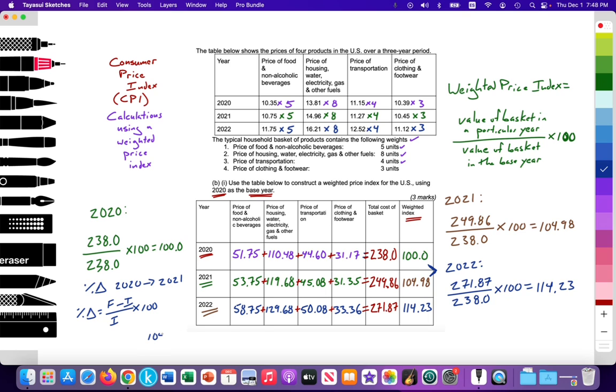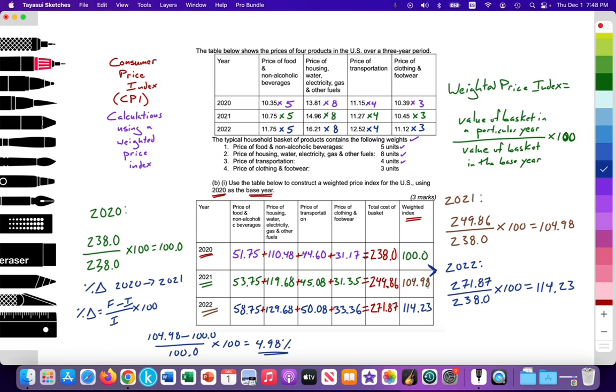So 104.98 minus 100.0 divided by the initial value. Again, final minus initial divided by initial times 100, and that equals 4.98%. So what does that mean? It tells us that the rate of inflation, the rate at which prices are rising in that basket of goods and services, is going up by 4.98% from 2020 to 2021.